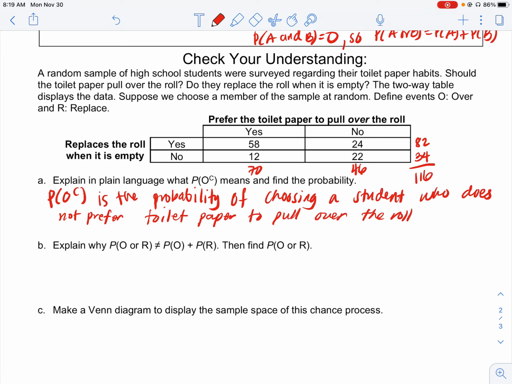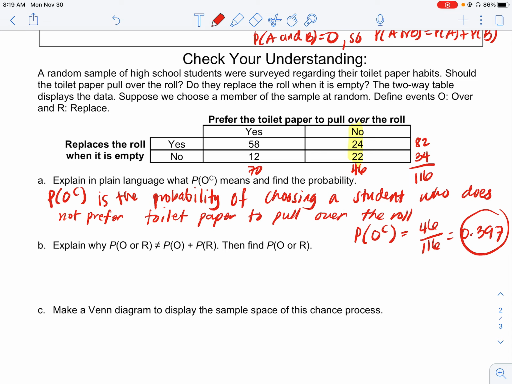And what's the probability of that? Not O. That means everything that is not O, and that is this group of people right here, because these are the people that prefer the toilet paper to pull over the roll. These are the no people. So that is 46 out of 116. So that's 0.4 or 40%.